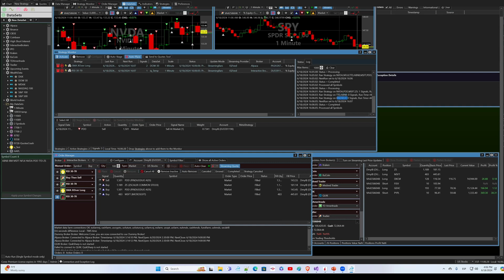As soon as these symbols became available, it ran it on these 2, and then these 2. That's actually another good thing to mention. I am on streaming bars. Streaming bars have a little bit more of a delay because the broker is creating that package of open, high, low, close to send to us. So there is possibly a 1 to 3 second delay that you might not get with streaming data.